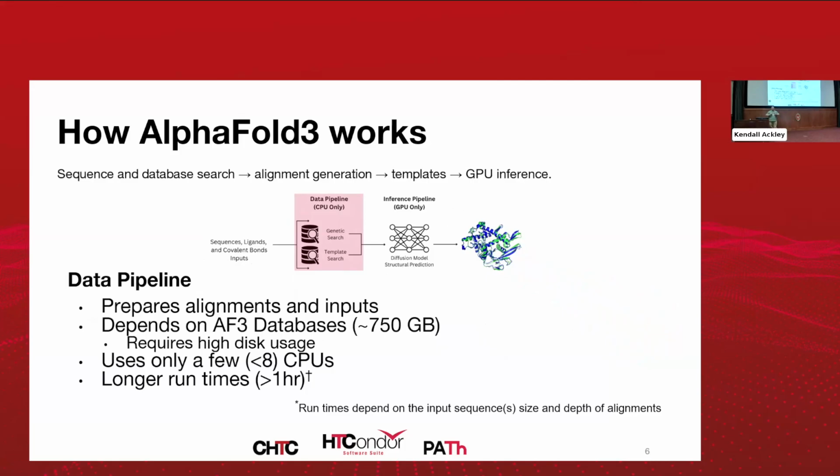To complete this process, you need these databases of about 750 gigs, and it can take several hours depending on how deep your alignments go. It's really just CPU going at it, and it's very limited in how many CPUs it can use. Oftentimes we saw users just submitting this to a machine, throwing an A100 and 8 cores at it, and it would spend a few hours in that CPU period not actually using the GPU, and we just had that GPU idling around.